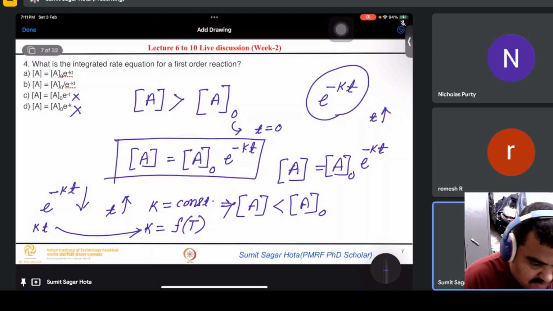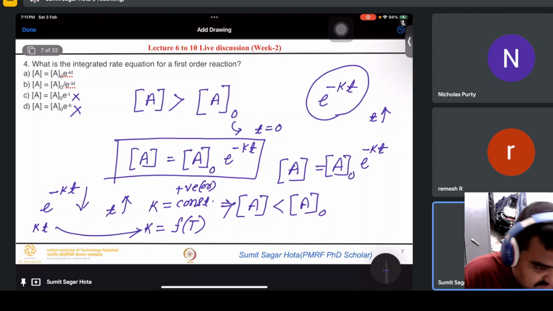If there is some reaction and the temperature is increasing, in that kind of reaction, k is either positive or constant. If it is constant or positive, then obviously whatever you are telling is absolutely correct.